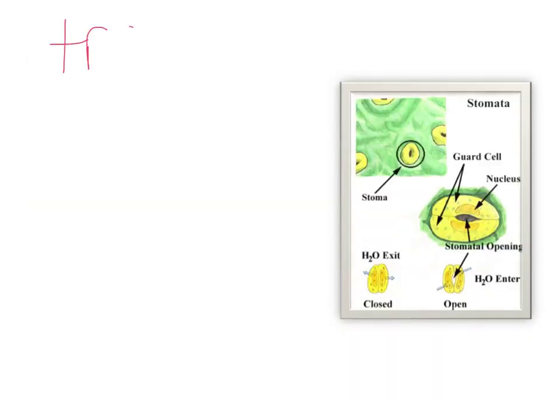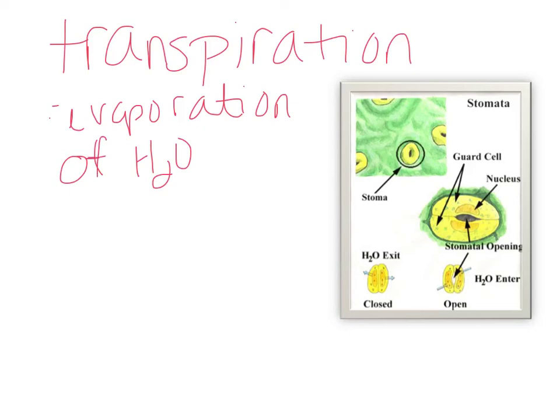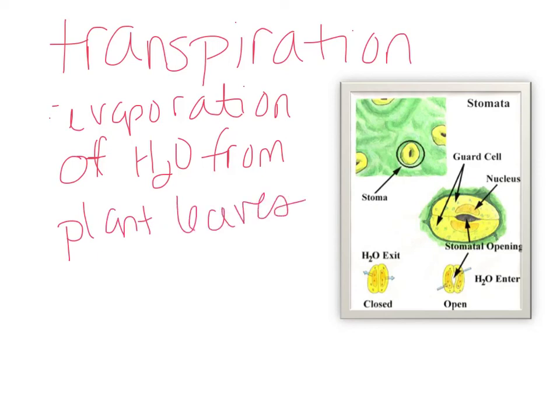Okay, so transpiration is going to be our driving factor that's going to help control water movement. Transpiration is basically the evaporation of water from the leaves of the plant. And if you remember, plants have those stoma or stomata on the bottom, those openings that are controlled by the guard cells.